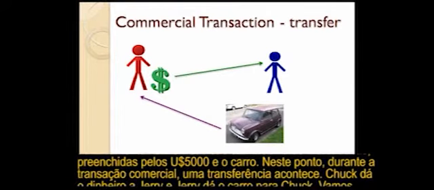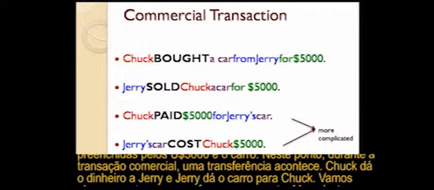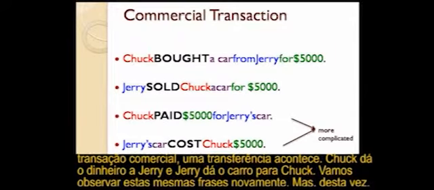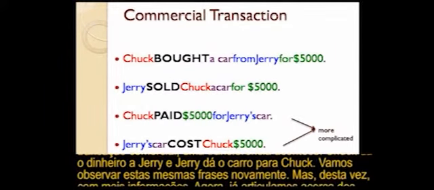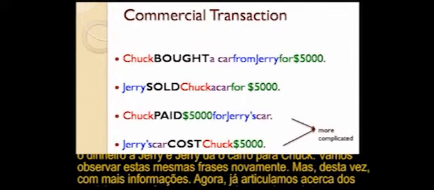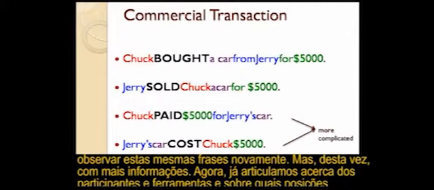Let's look at those very same sentences again, this time with more information that we've now articulated about the participants and the props and what syntactic positions they have in the example sentences.